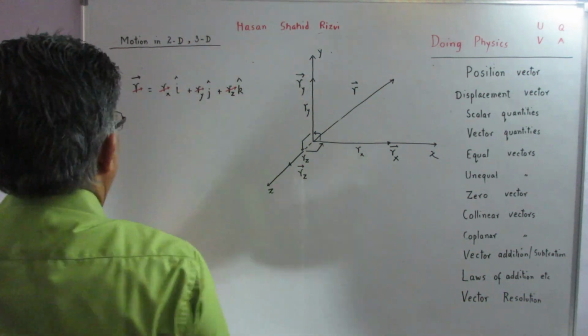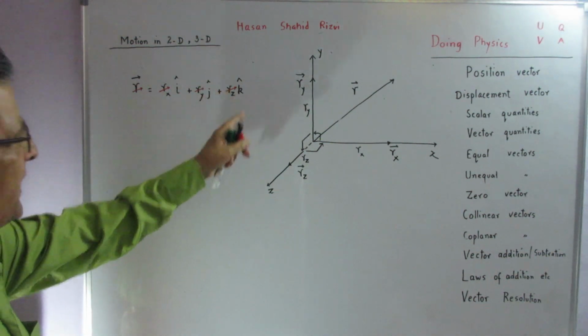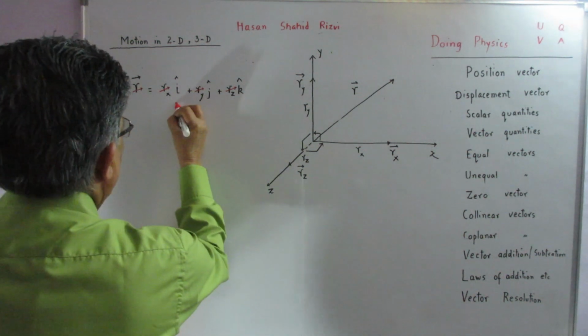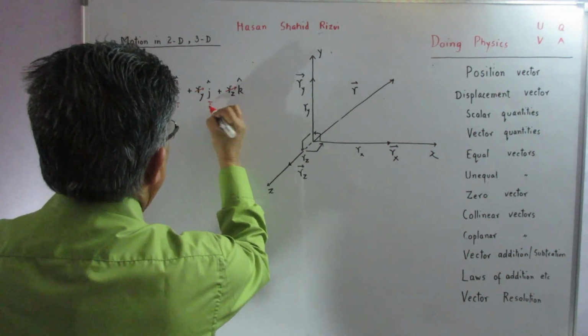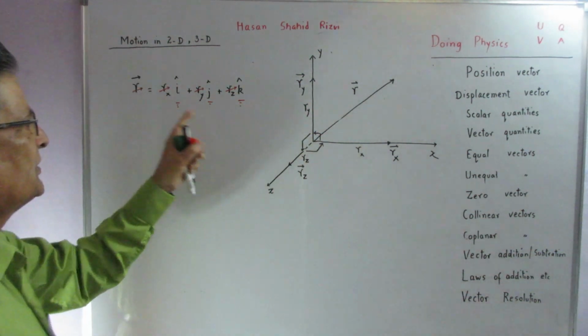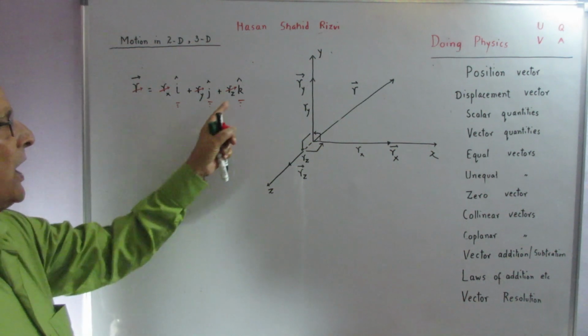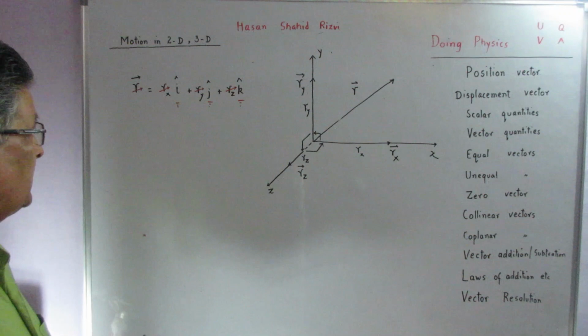R is a variable, but the i, j and k, they are invariants. So I just give it a symbol like this, that this is constant, which we are not able to change, which we will not change because they do not change their directions.